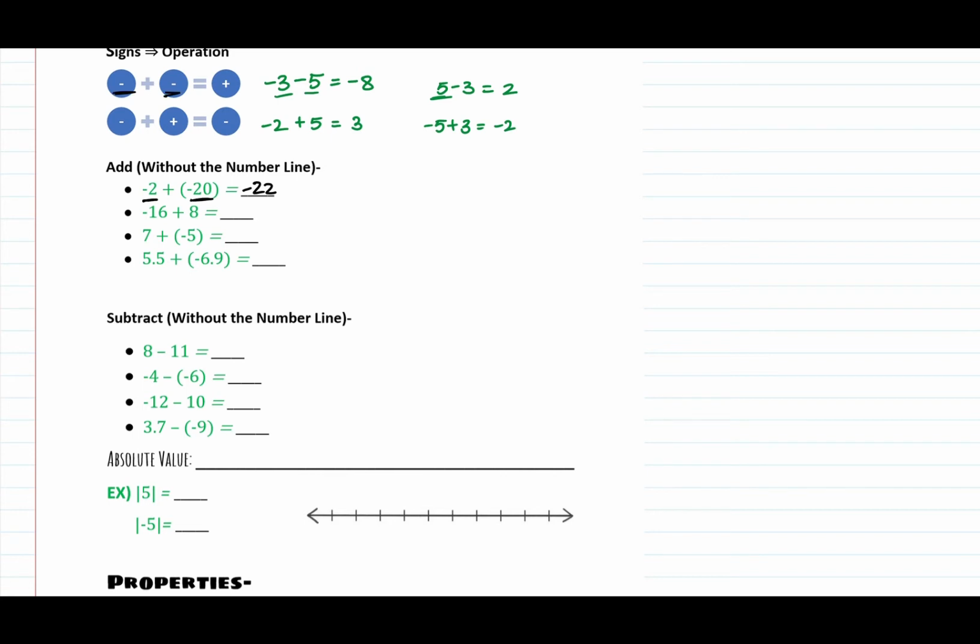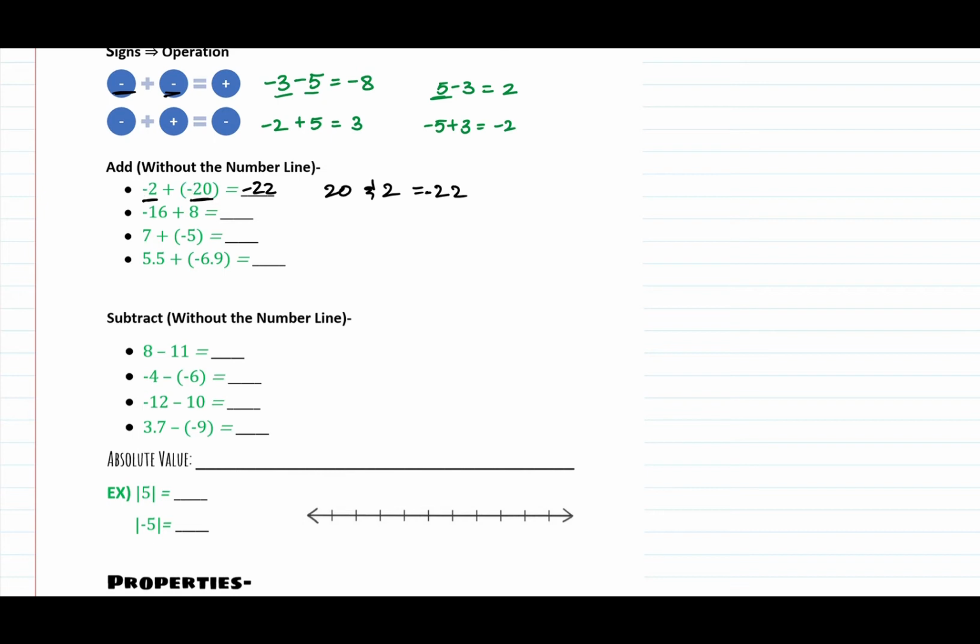We saw two negative signs, -2 and -20, so we add 20 and 2, which gets us 22. We keep the negative sign because both of these values have a negative sign in front of them.